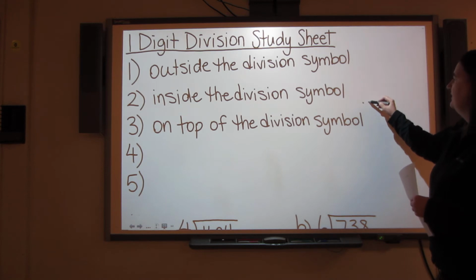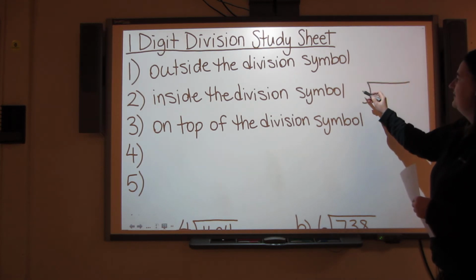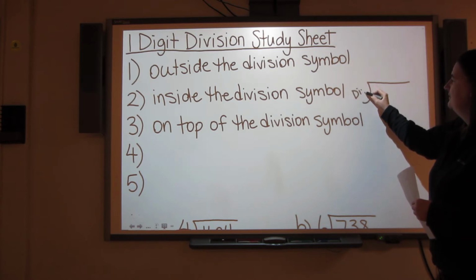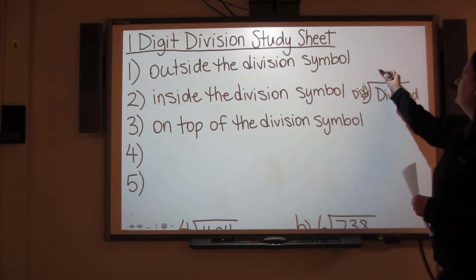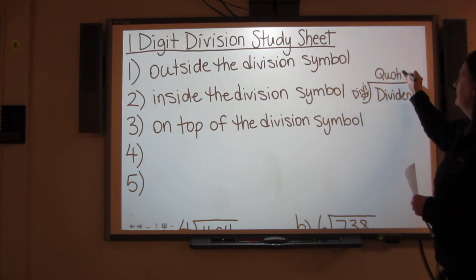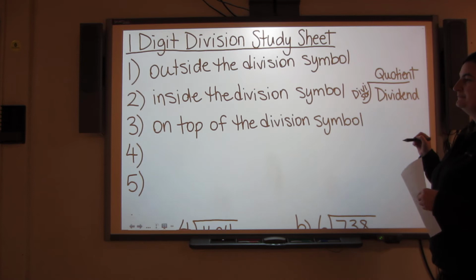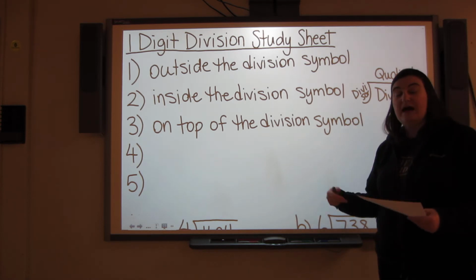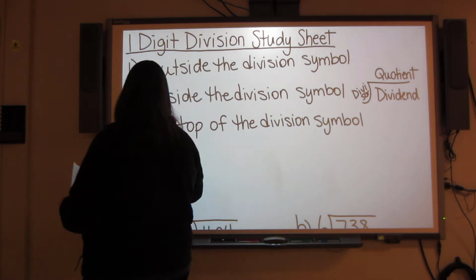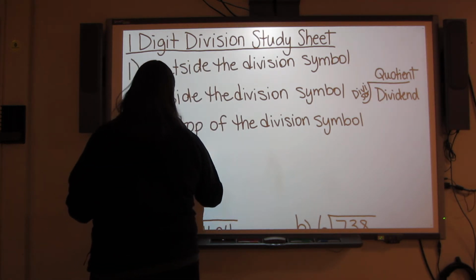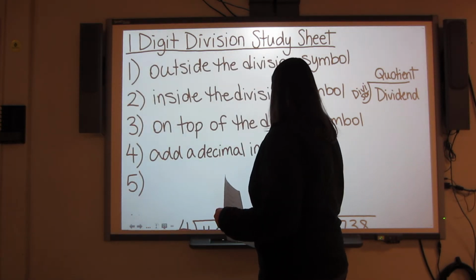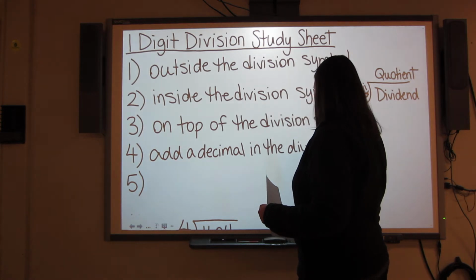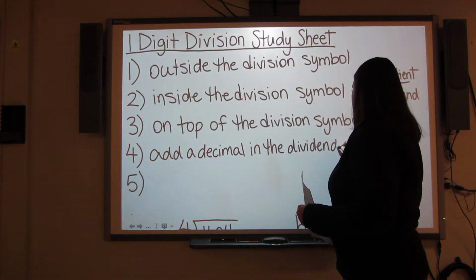So you remember, here's your division symbol, there's your divisor, there's your dividend, and there's your quotient. Number 4, what do you do if you have a remainder? You add a decimal in the dividend and the quotient.